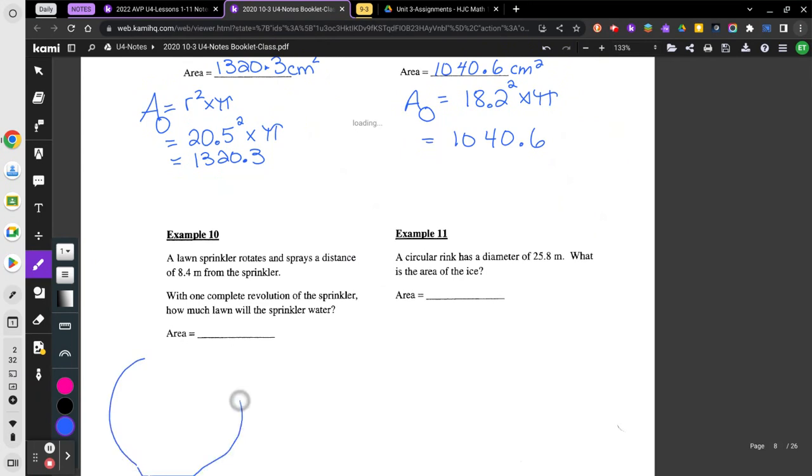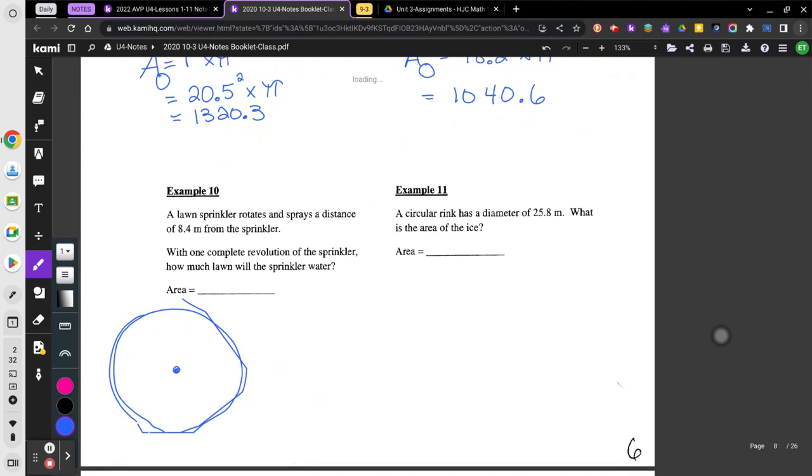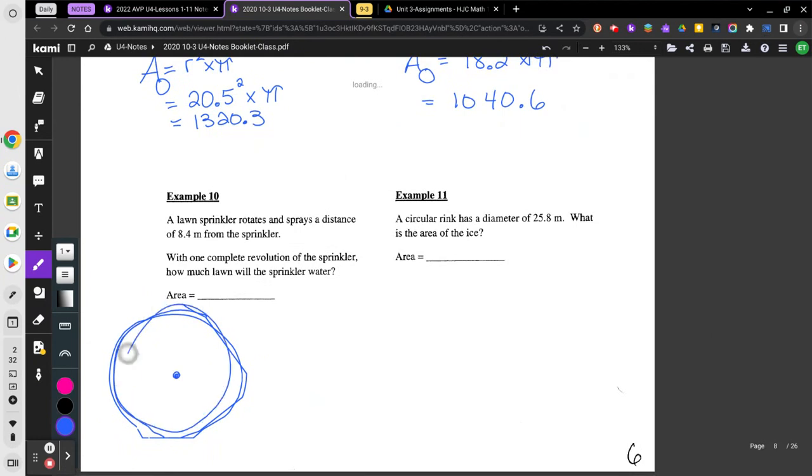Well, let's think about it. There's my lawn. I'm going to put my sprinkler in the middle of it. Okay, my sprinkler's in the middle of it. And now it's got a spray. So if I've got a spray pattern on it, it's going to be my radius. The radius is the spray pattern going around it, especially when you start in the middle. So that means it's 8.4 meters as its radius.